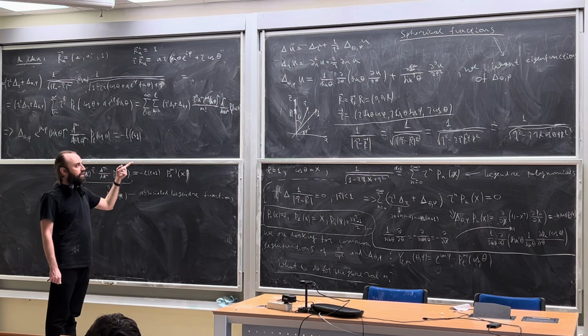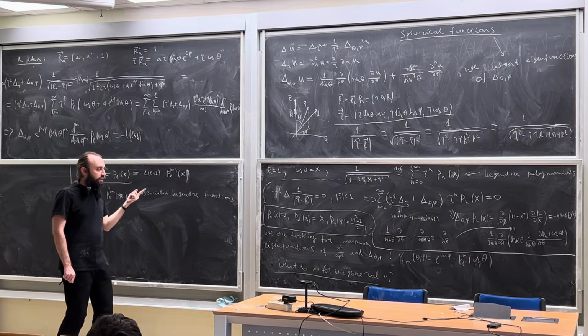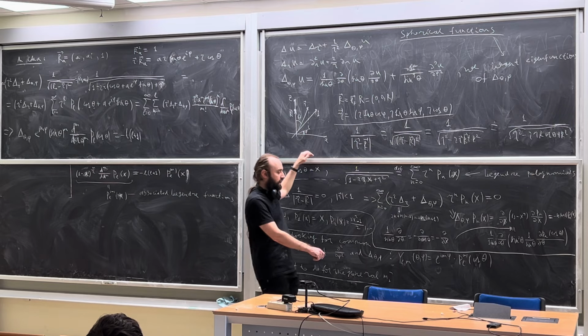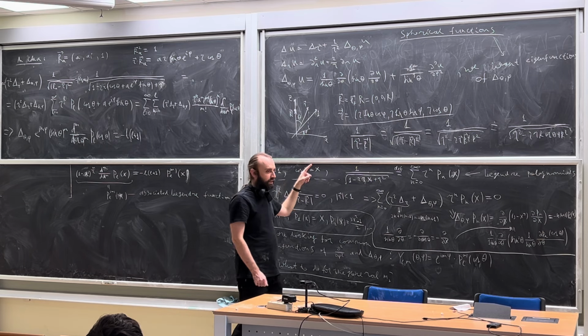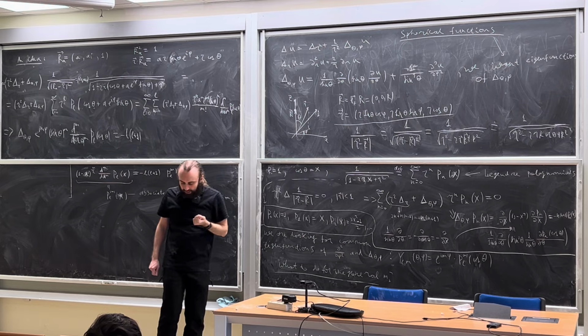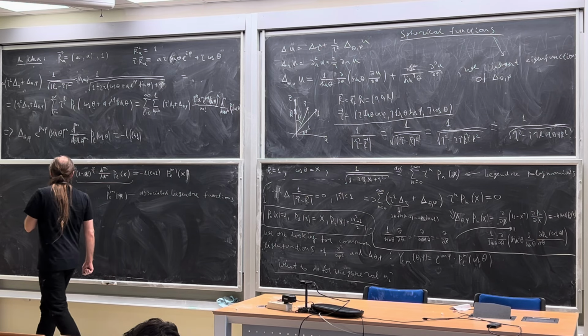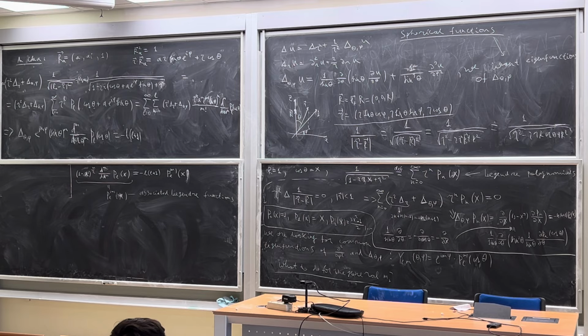What if I denote cosine of theta by x and try to express everything in terms of derivatives in x using formulas like this? And also take into account that the operator d squared in phi acts by the known eigenvalue.